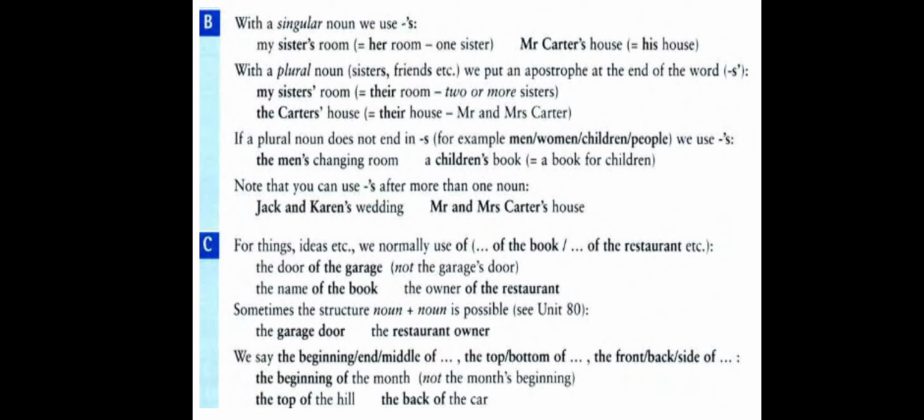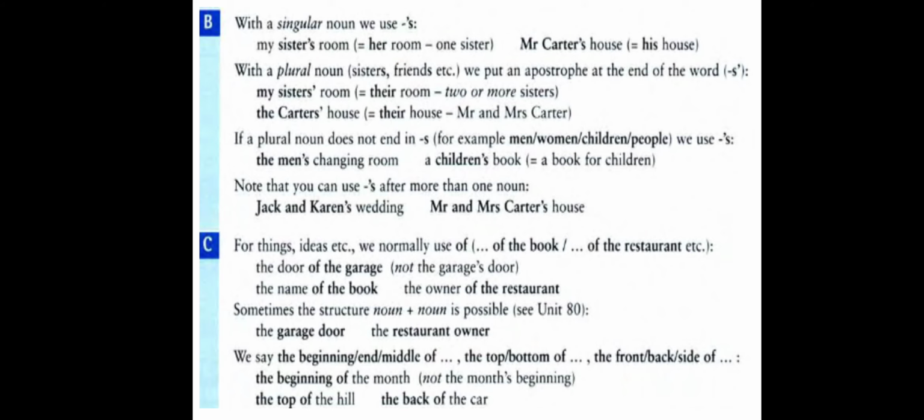We say the beginning or the end or the middle of something, or the top or the bottom of something, and the front and the back of, or the side of something. With the beginning, end, middle, top, bottom, front, back, side, we don't use apostrophe plus s. We use of. The beginning of the month. We don't say the month's beginning.